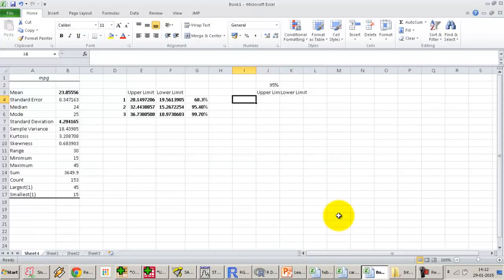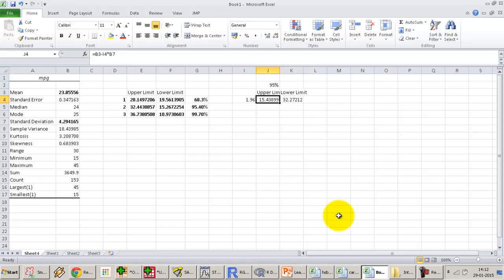So I'm going to take 1.96 over here and apply the same formula, which is equal to mu minus 1.96 times the standard deviation, and similarly mu, which is the mean, plus 1.96 times the standard deviation.